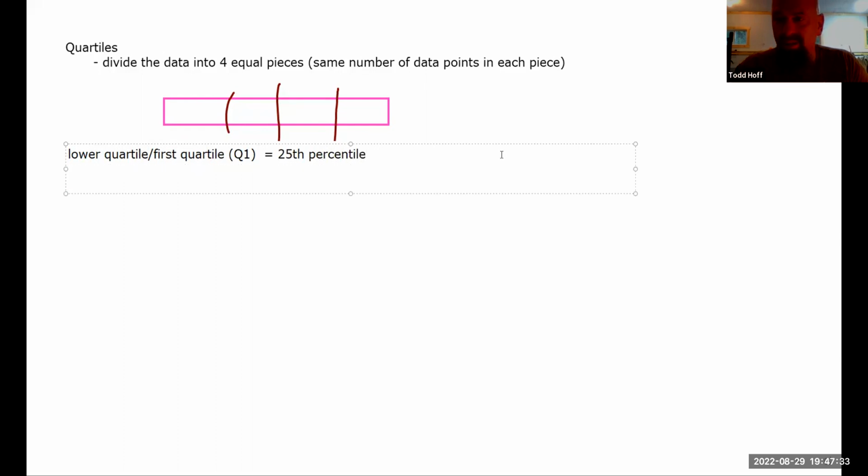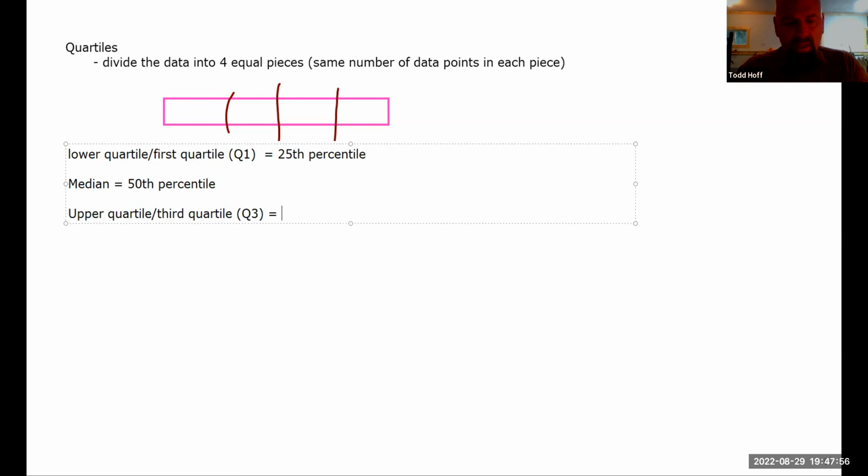The middle, the second quartile, which isn't ever called the second quartile because it's just the median, is equal to the 50th percentile. And then the third quartile, or the upper quartile, abbreviated Q3, is the 75th percentile.